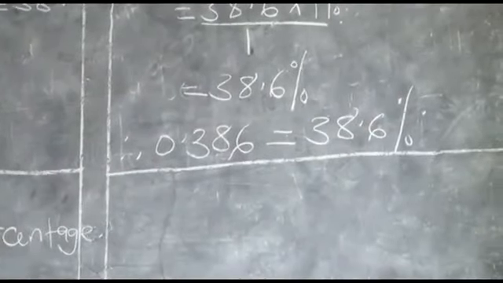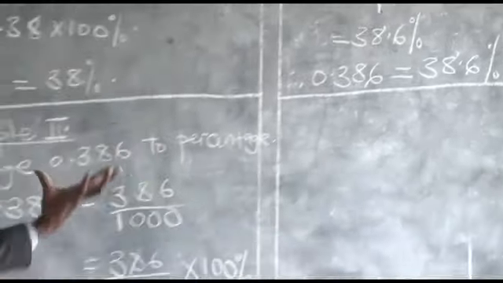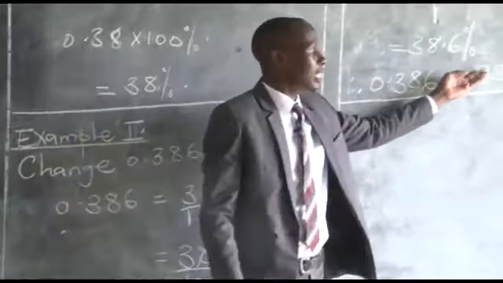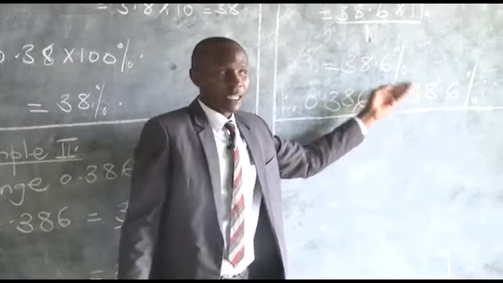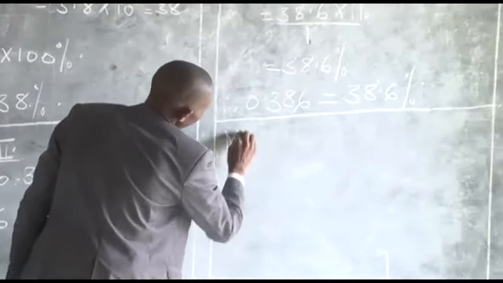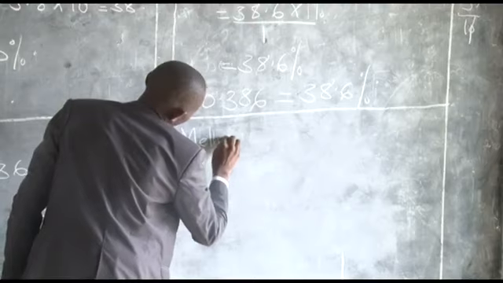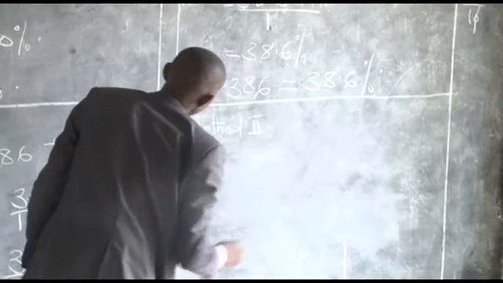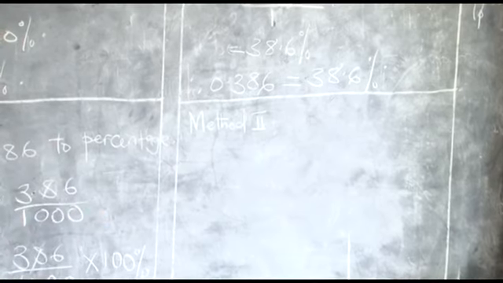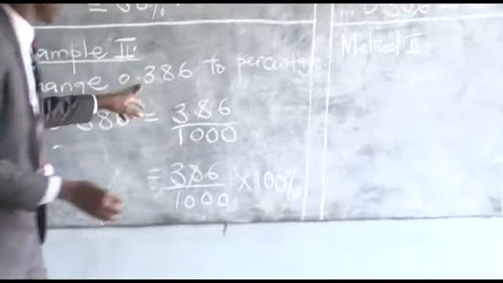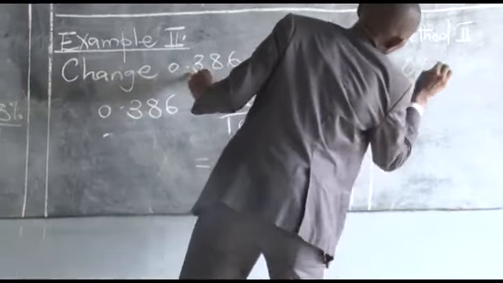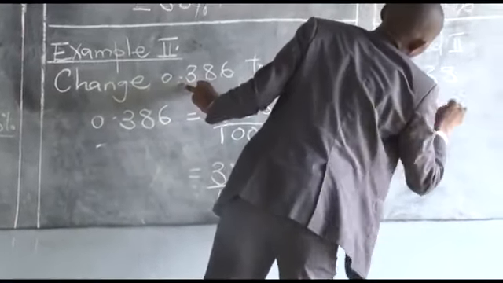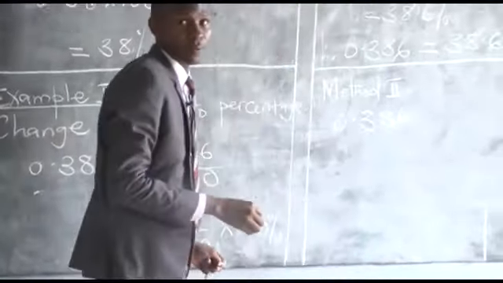Let's use the second method and see if we shall really come up with the same answer. Second method, I will say, what is my decimal? My decimal is 0.386.